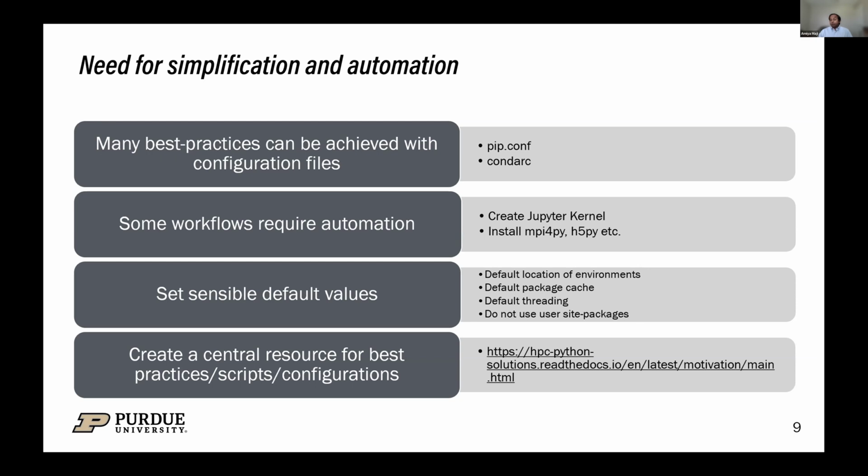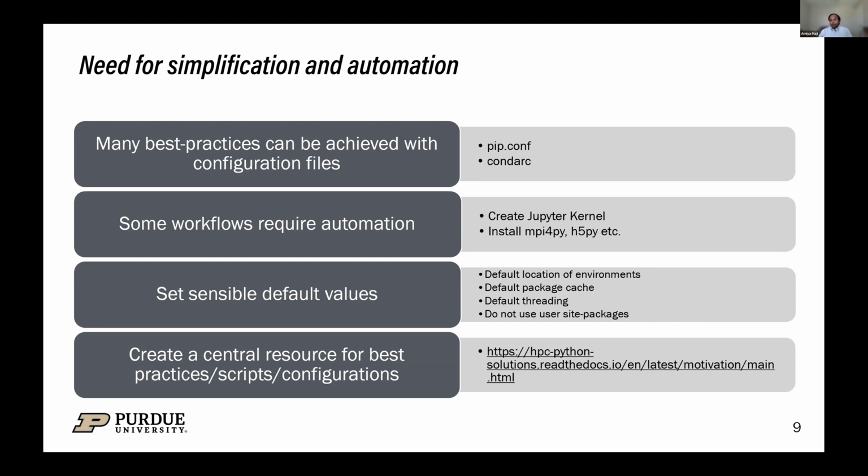If you don't specify anything, it goes to your home directory. But if you know you have a specific file system where you want to create all your environments, you can set that as a default environment location. You can set a default location where your package cache goes. That way you won't be depleting space in your home directory.